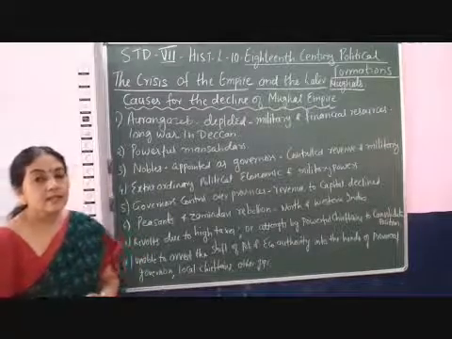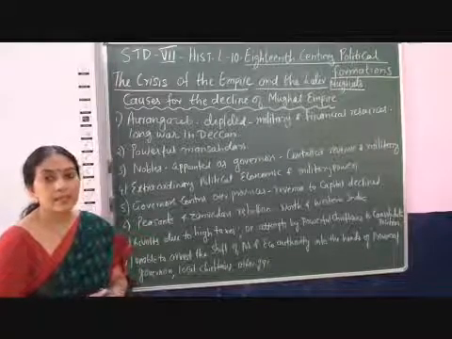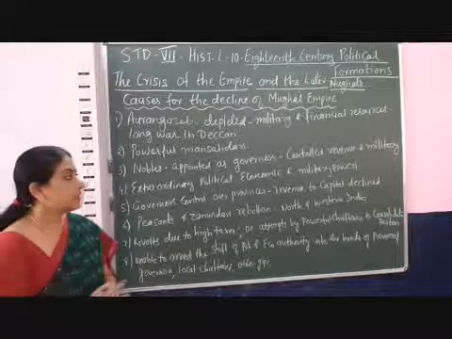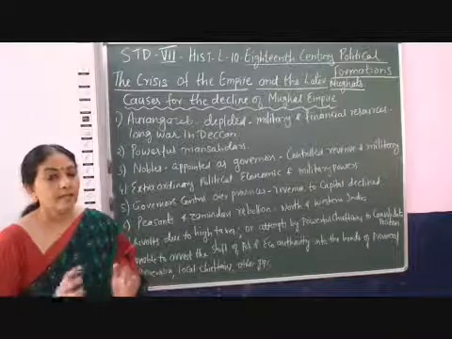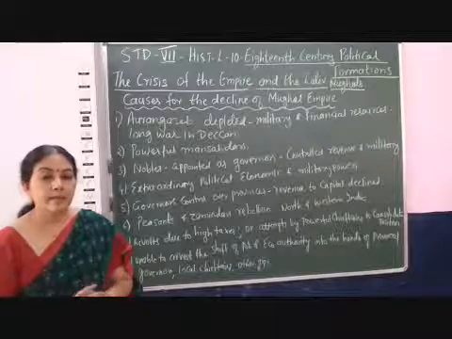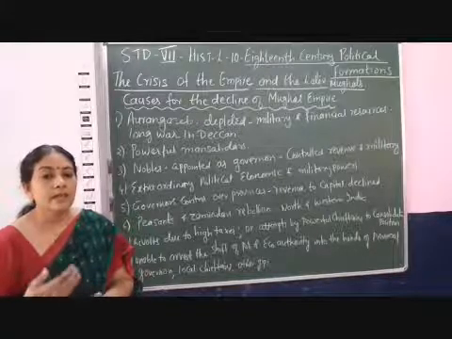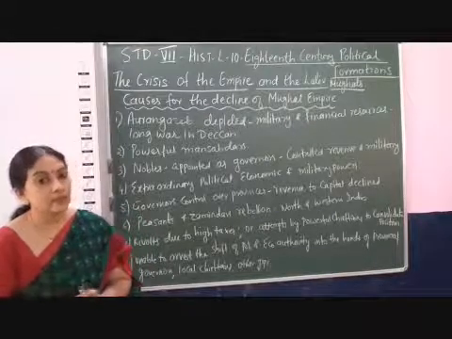Then the third reason was, there were so many nobles present in the Mughal Empire, and these nobles were appointed as governors. Governors means especially subadars. So they had the political power. These subadars slowly started taking charge of the military also and the revenue also.